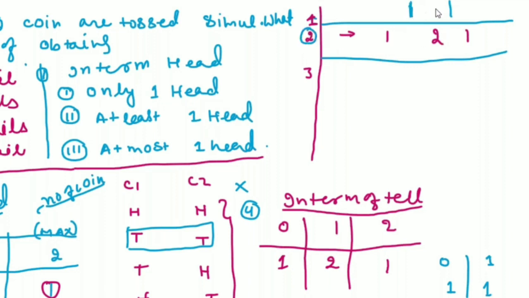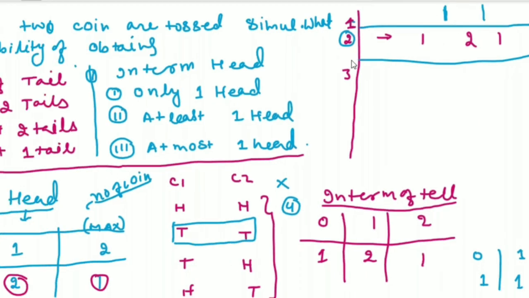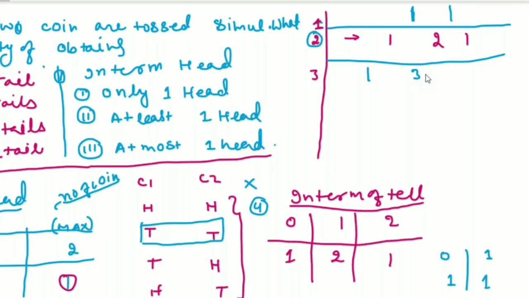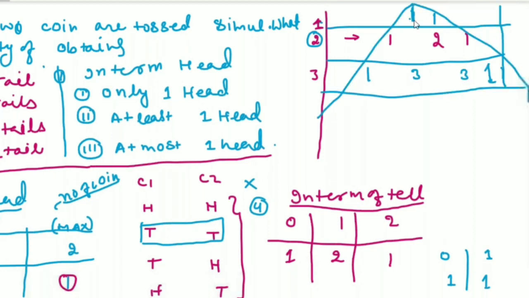So if you understand this carefully, this is 11 and 121 is nothing but 11 squared. So similarly for 3 coins, can I say that this will become 11 cubed? It will be 1, 3, 3, 1. This is 1 and 1, and 1 and 1 added together become 2.